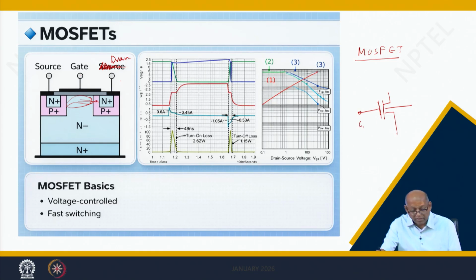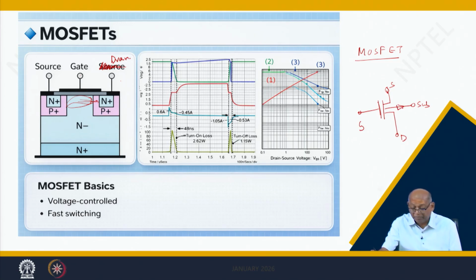This is the gate, and this is the substrate. This is your source, this is your drain. Just like BJT collector emitter, this is source drain, and since the substrate is N, we put the arrow like this.